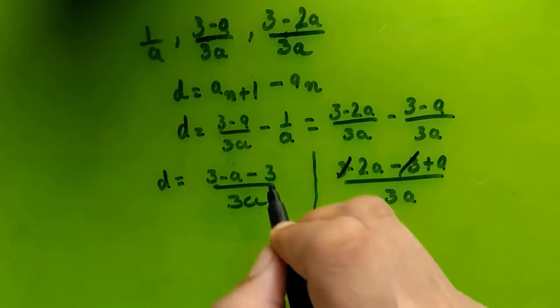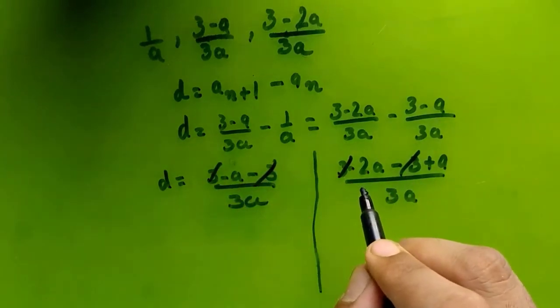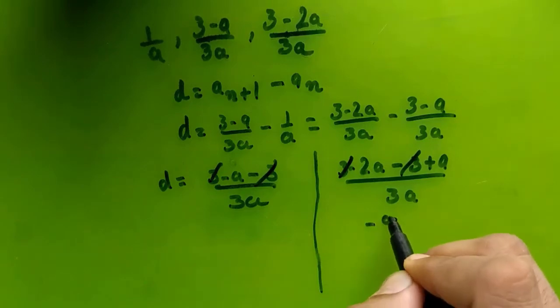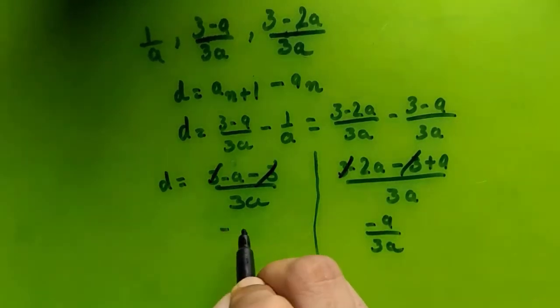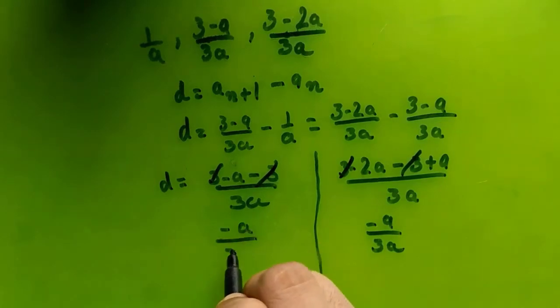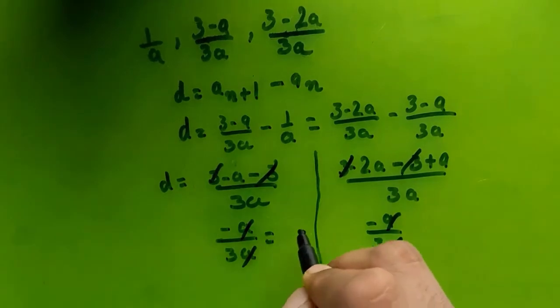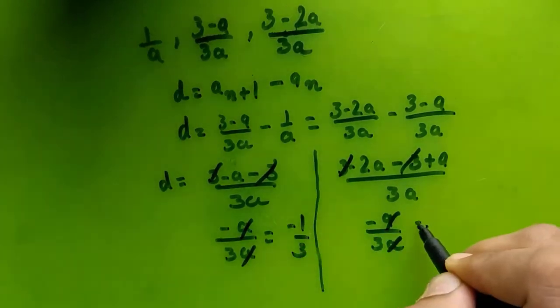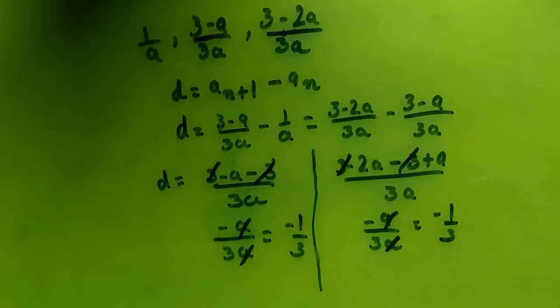Here 3 and 3 cut, and minus 2a plus a will be equal to minus a upon 3a. Therefore a by a cut, answer will be minus 1 upon 3. Therefore the common difference of the AP is minus 1 upon 3.